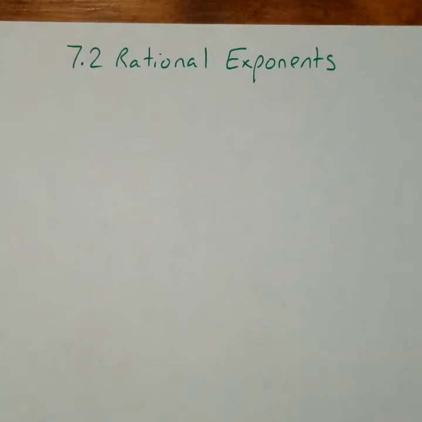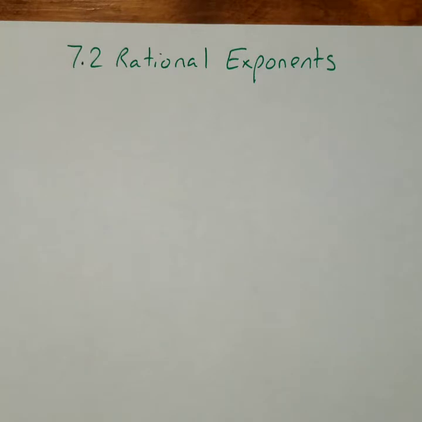Okay, now what's neat about rational exponents is that they behave the same as all other exponents when we apply the exponent rules that we saw in our first video in 7.2.